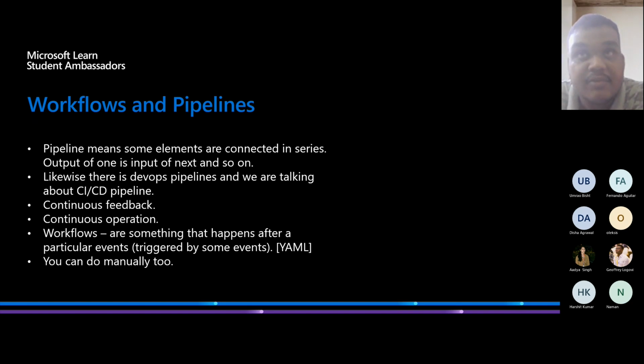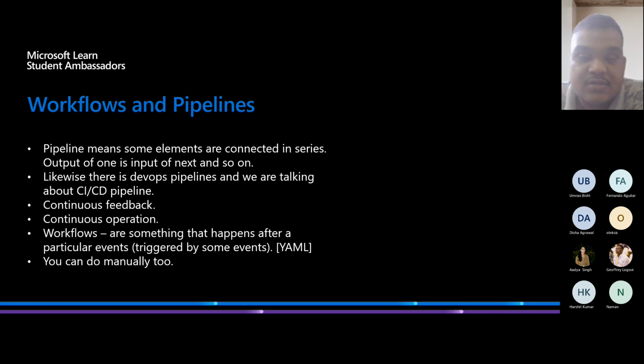An event can be anything. An event can be creating a label, creating a PR, creating an issue, anything. Or it can apply to some branches. It's not mandatory that it will happen only to the main branch. No, it can happen to any branch.